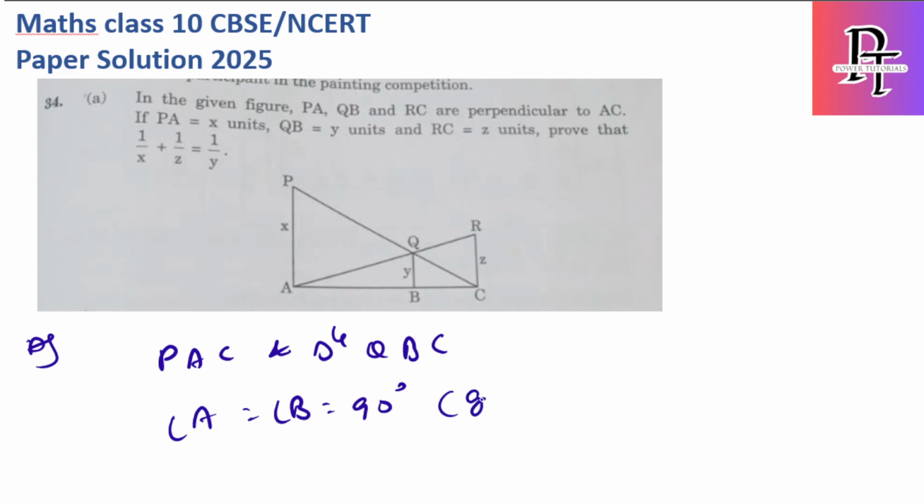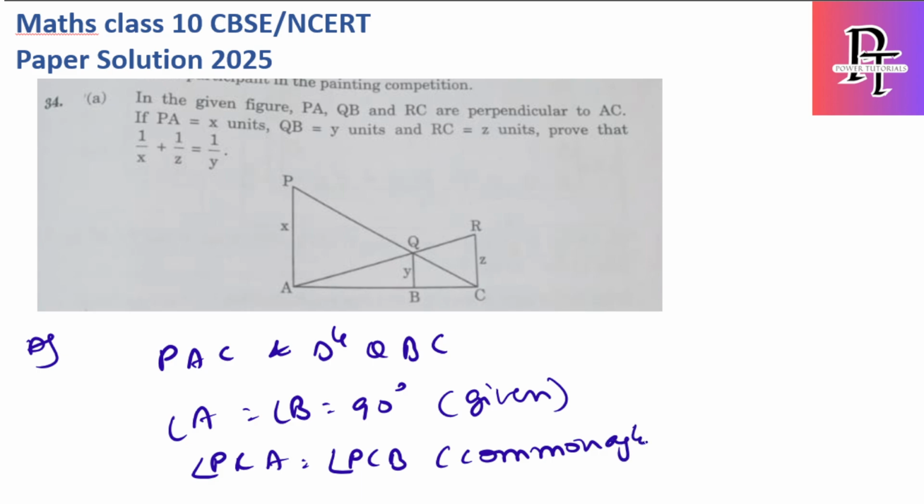It is given. And if you notice one more angle, angle PCA is equal to angle QCB, common angle. If two corresponding angles are equal, then the triangles are similar. So triangle PAC is similar to triangle QBC.